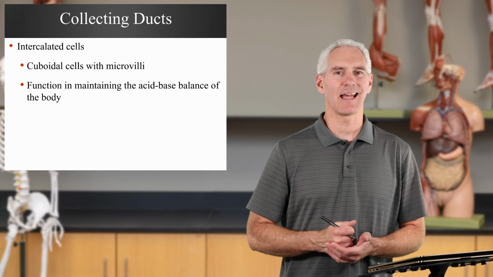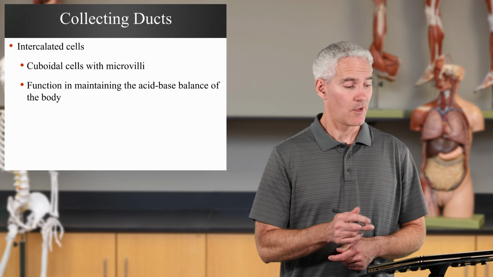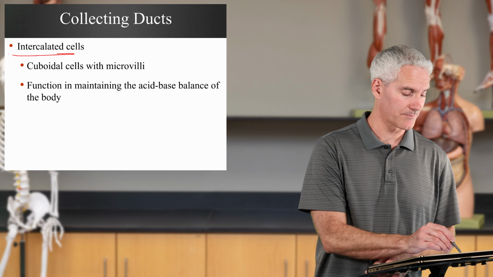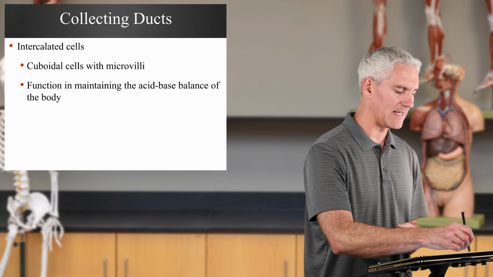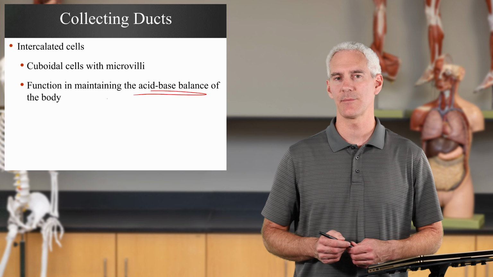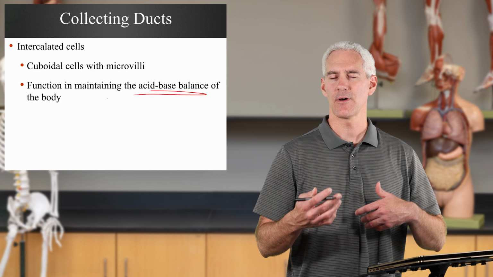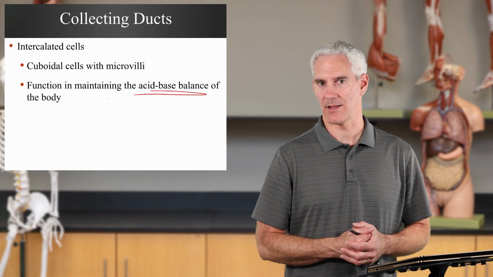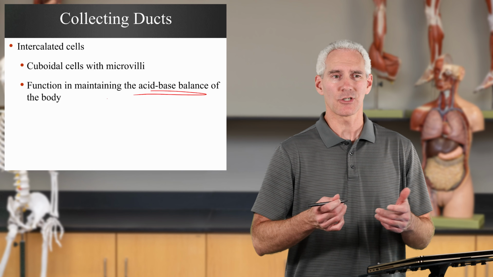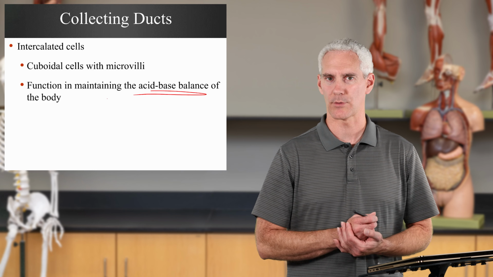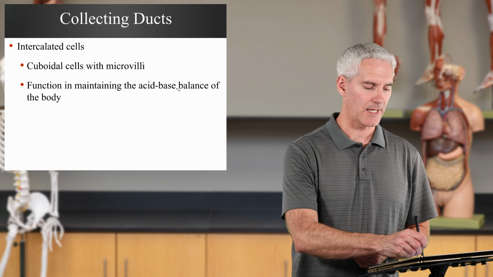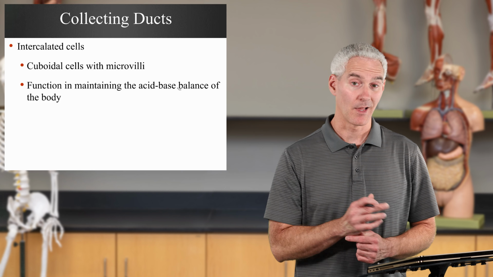Now the collecting duct has two main cells to look at. We have these intercalated cells. The intercalated cells have microvilli. They're going to be dealing with the acid-base balance of the body. So helping to further that homeostatic balance of acid-base. Try to make sure you keep the blood in that 7.35 to 7.45 range. Making sure it's right where it needs to be.